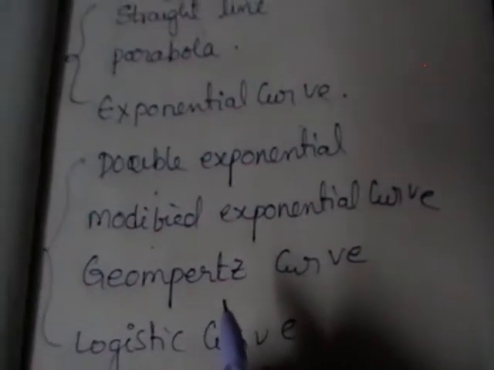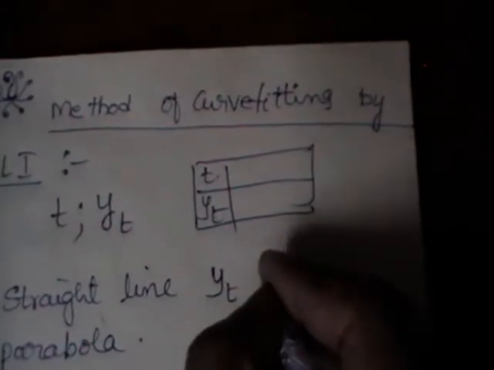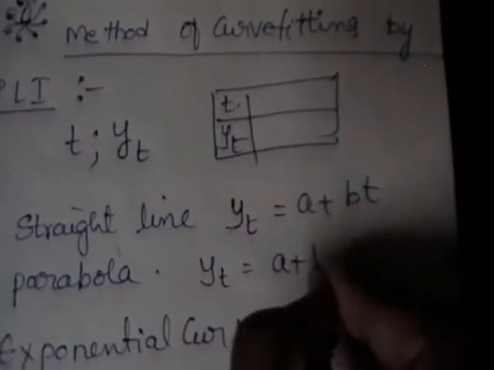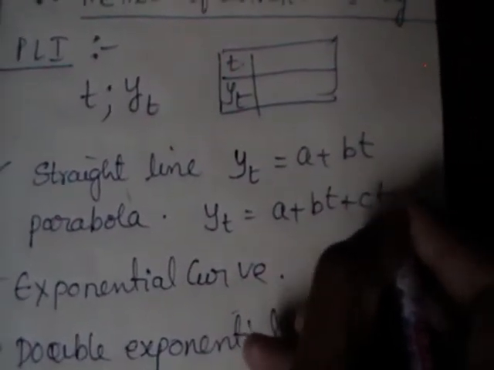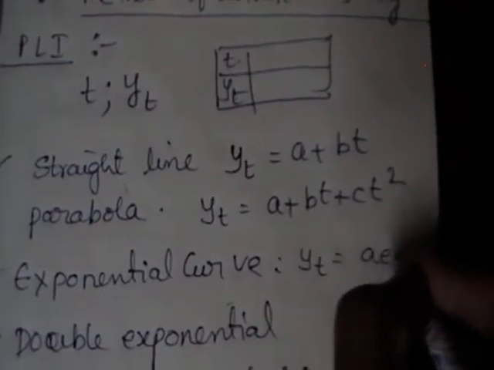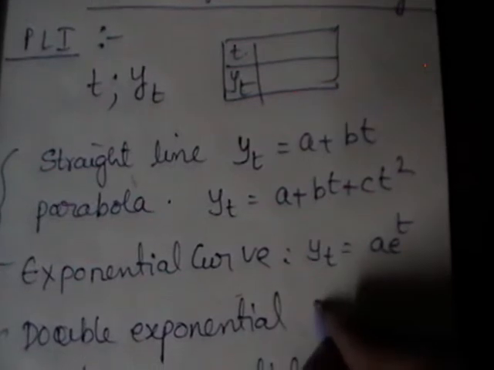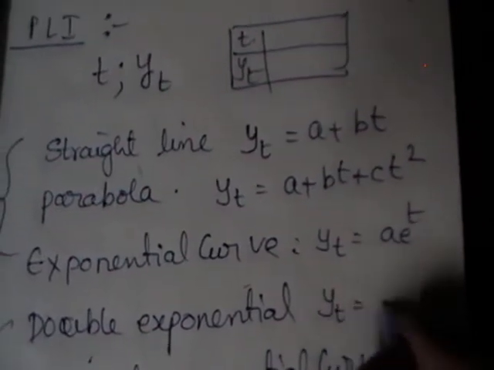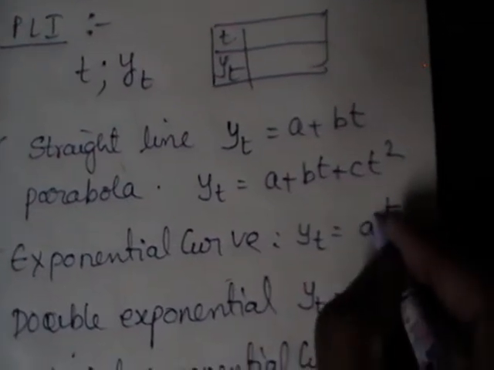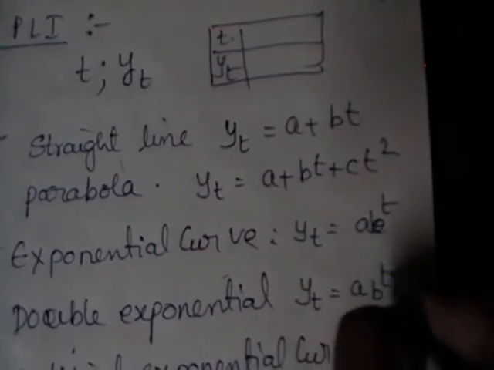So what is the form of straight line? Y is equal to a plus bx. Instead of writing y, as the two variables are t and yt, we write yt is equal to a plus bt. Parabola is yt is equal to a plus bt plus ct square. Exponential curve is yt is equal to a e power t. Double exponential curve is y is equal to a b power t and c power t square.